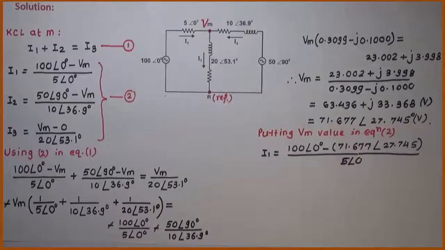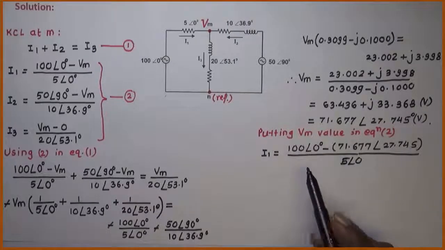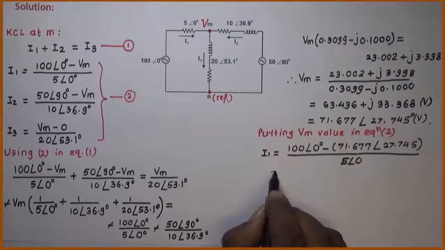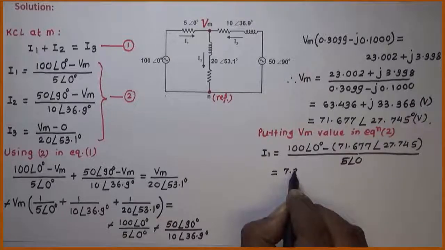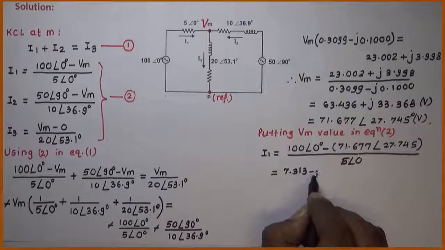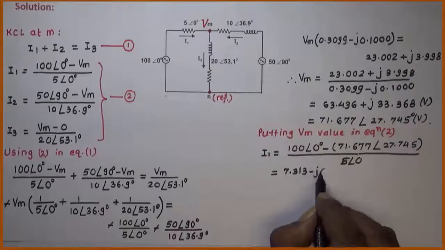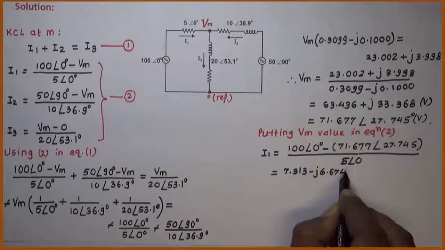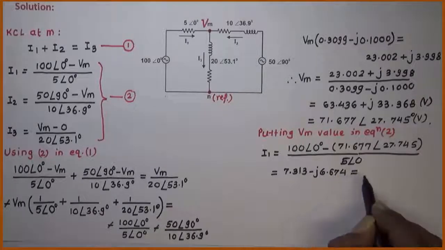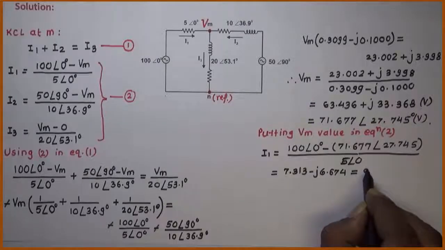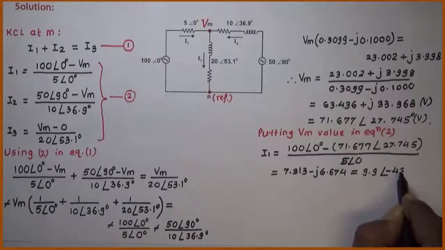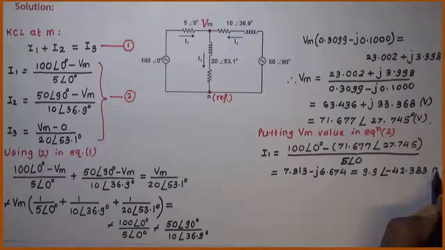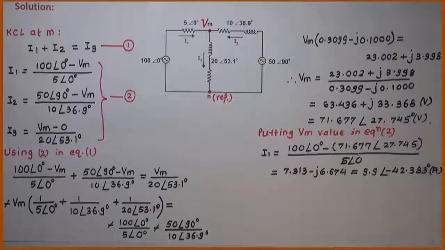Again you have to use the calculator to calculate this value. This value comes out to be 7.313 minus j6.674. If you convert this into polar form, it is 9.9∠-42.383 amperes. All are in degrees.